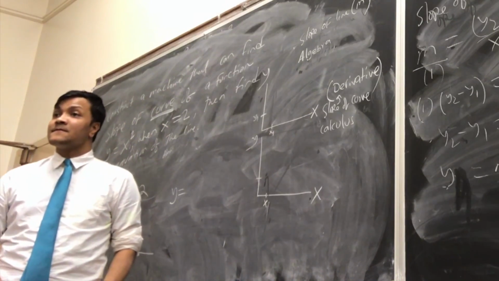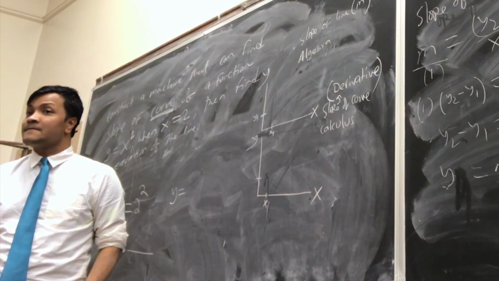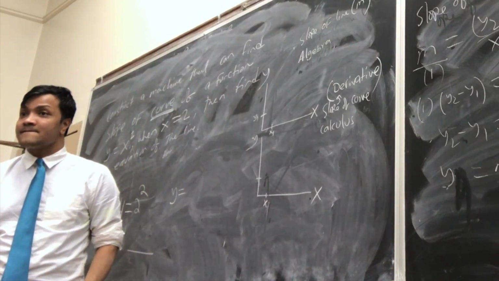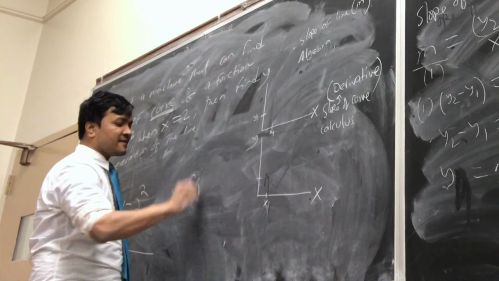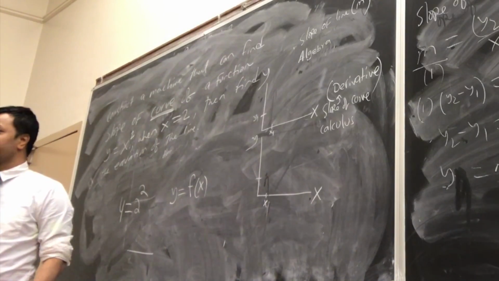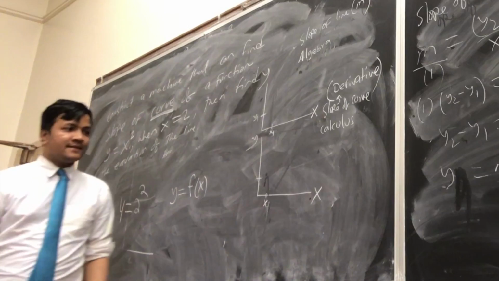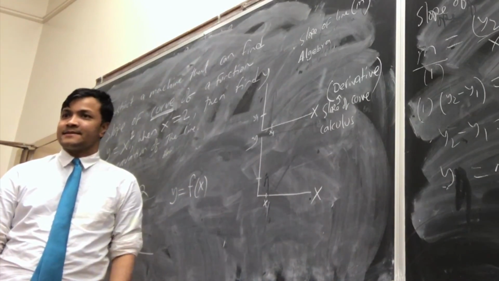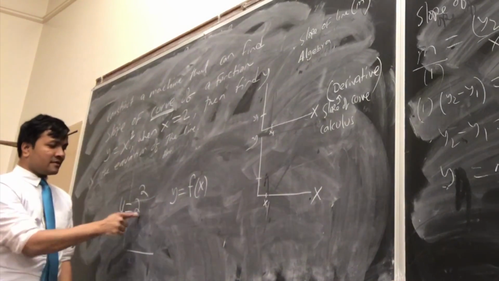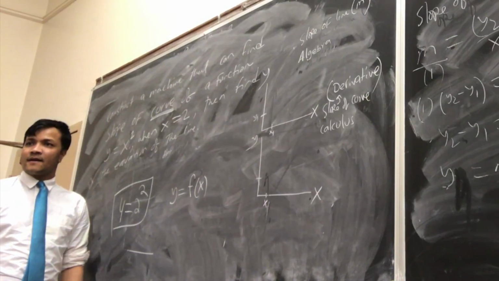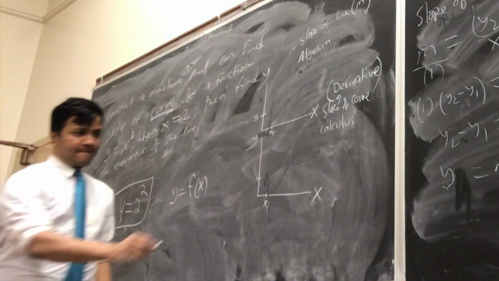No. Right? F of X. Oh, damn, function. F of X. But we know f is y. Yeah, that's the same. That's right. I gave you a hint. Write 4 without writing 4. Okay, so f of x.